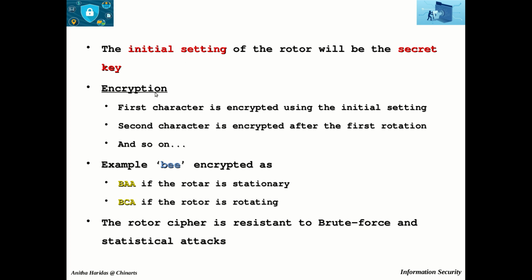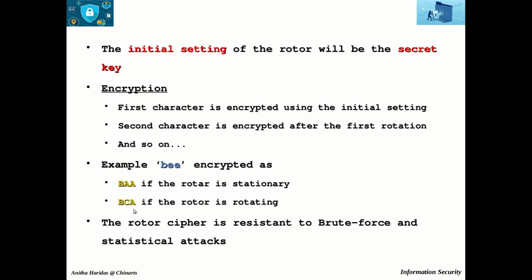Now let us see how the encryption is done. The first character is encrypted using the initial setting, and the second character is encrypted after the first rotation, and the third character is encrypted after the second rotation, and so on. This is how the encryption process will be done. Now suppose, for example, we want to encrypt the text BEE.